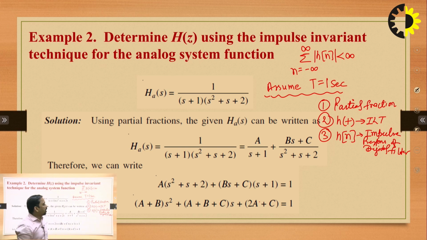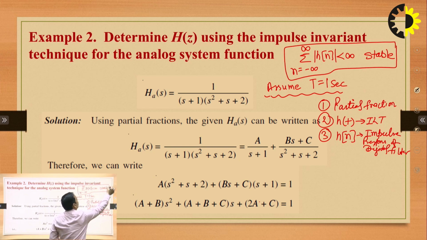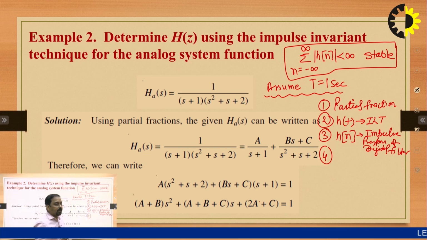Then we can conclude that the system is stable. If it follows, so definitely the digital filter, whatever we are going to design, will be stable. So this is the additional information which we can achieve with the help of the impulse response of a digital filter.